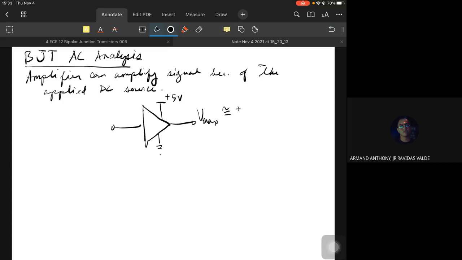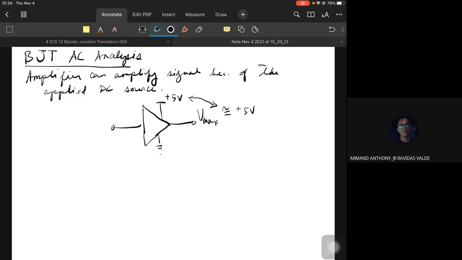But ideally, the maximum output is the maximum applied DC source. That is the ceiling of our possible output, so we don't wonder why we can't find an amplifier that outputs 1,000 volts.